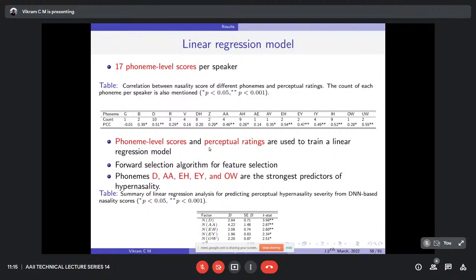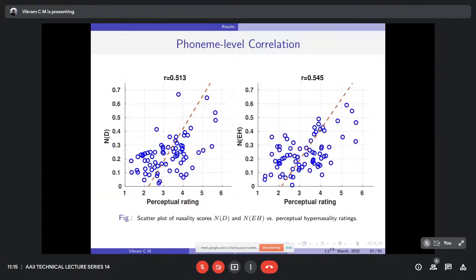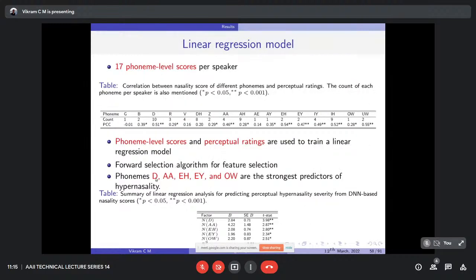The scores are obtained from the model which is trained on healthy speech, but to map them to the perceptual rating, we used a simple linear regression model. So first we computed the phoneme-level nasality scores, and then used the linear regression model along with feature selection.